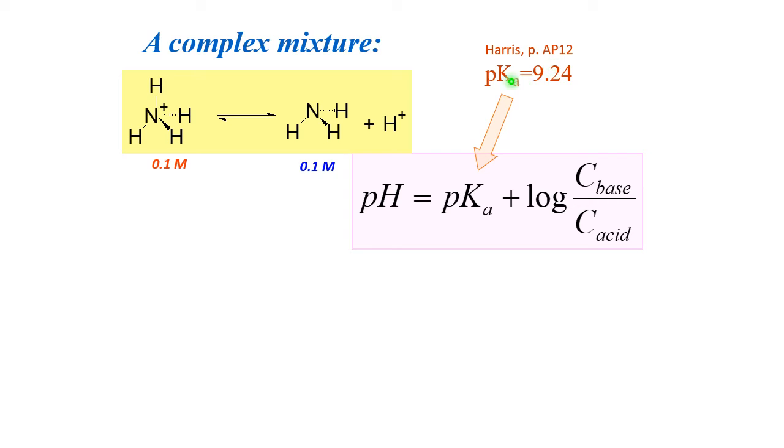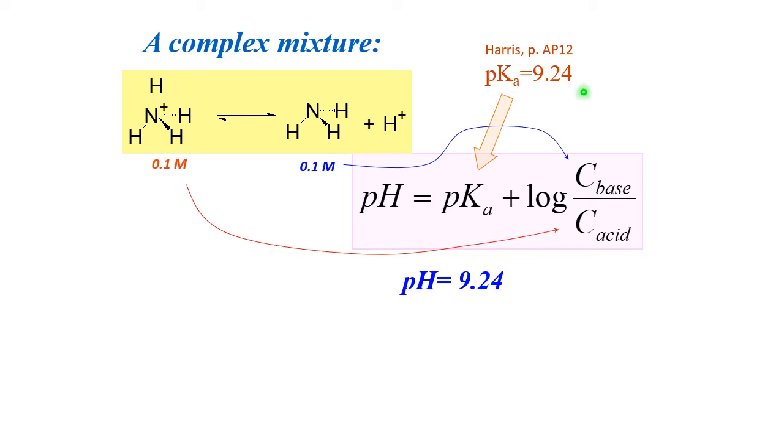From the reference book I'm finding pKa, it's 9.24. Now C base is 0.1, C acid is 0.1 as well. 0.1 divided by 0.1 is 1, log of 1 is 0, and my pH is simply pK.